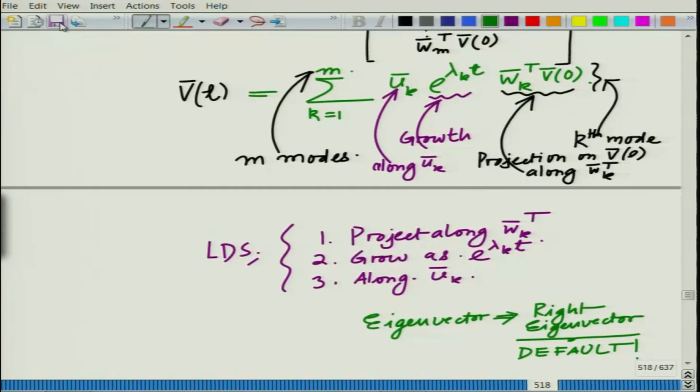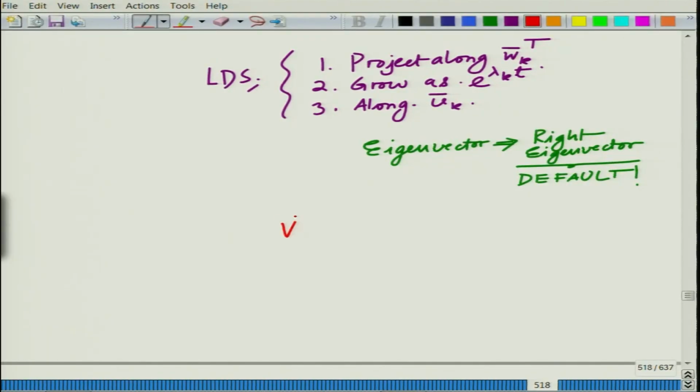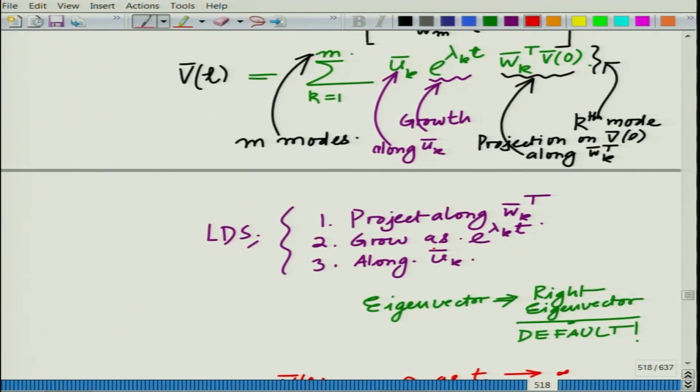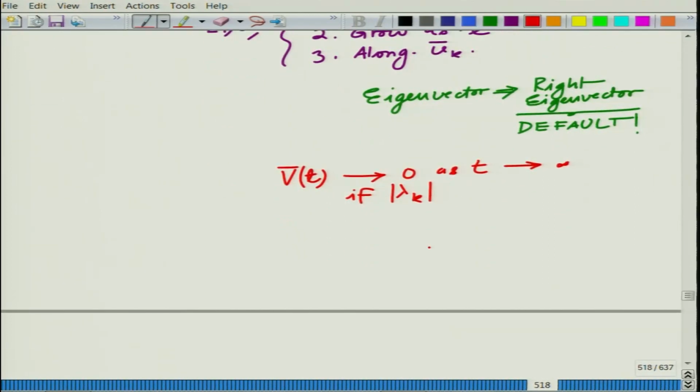Now, one can ask the question, when is the system stable, when does this V bar t go to 0 as t tends to infinity. So, you can see V bar t tends to 0 as t tends to infinity if magnitude lambda k is less than 1.